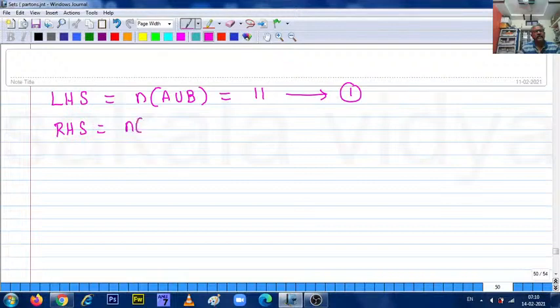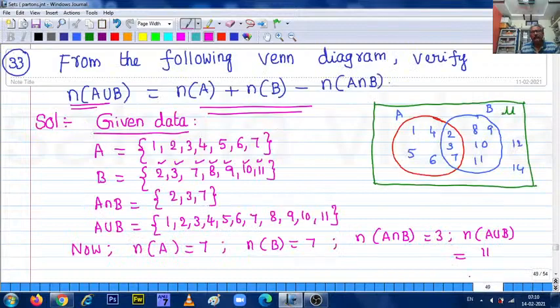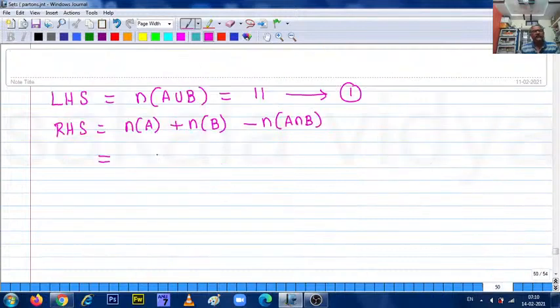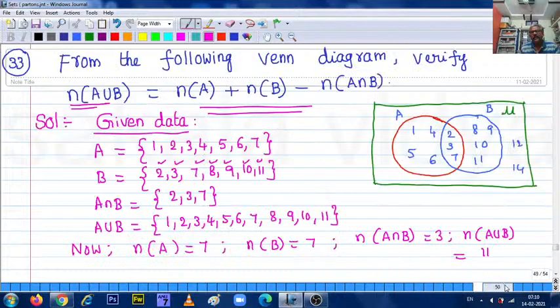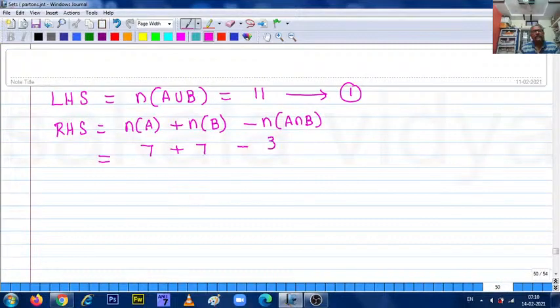Right hand side is N of A plus N of B minus N of A intersection B. So that equals, what is N of A? N of A is equal to 7. N of B is also 7. N of A intersection B is 3 elements we have. So 7 plus 7 is 14. 14 minus 3 is 11.